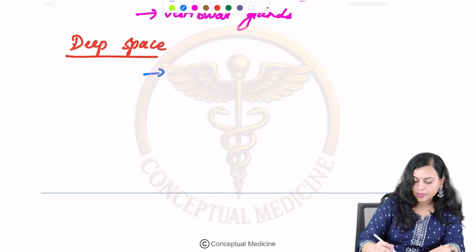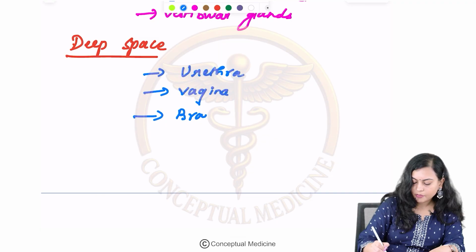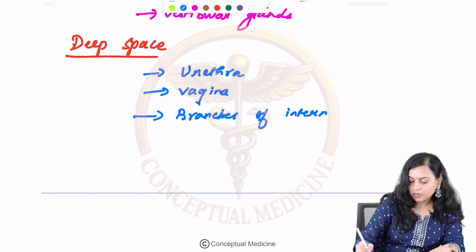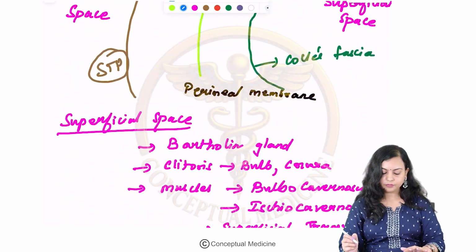The contents of deep space include urethra, vagina and some of the branches of internal pudendal artery.